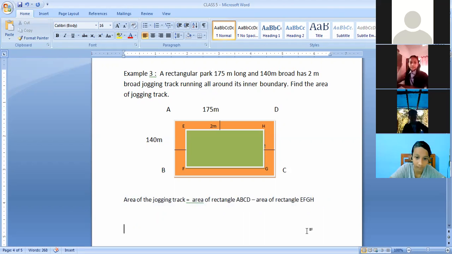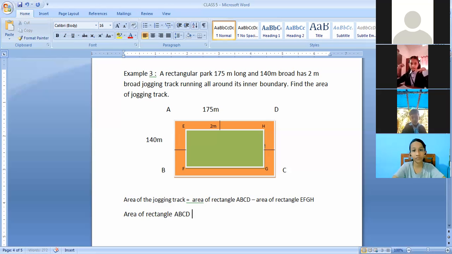Yes. Okay. We can find the area of ABCD because ABCD is the park, right? The big rectangle ABCD is the park. What is the area of rectangle ABCD?